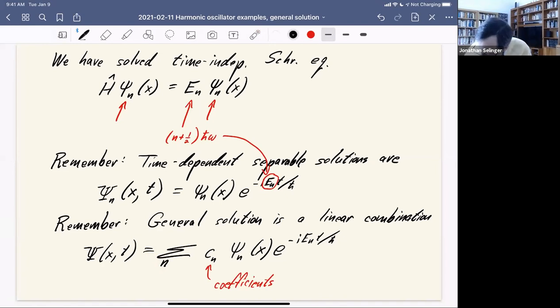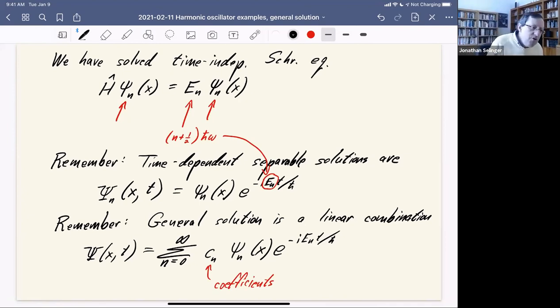So this sum has to be n equals 0 to infinity, all integers from 0 on up: 0, 1, 2, 3, etc. So if we want to know how a general solution evolves in time, we have to say what the Cn coefficients are.